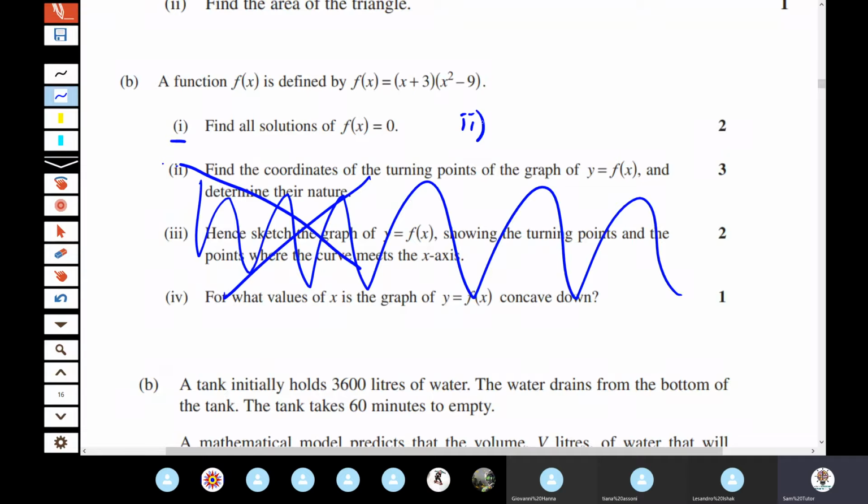Part two would be: find all the solutions for f of x equals 0, so solve. Part three will be sketch. I'll leave that with you guys. I'll be right back.